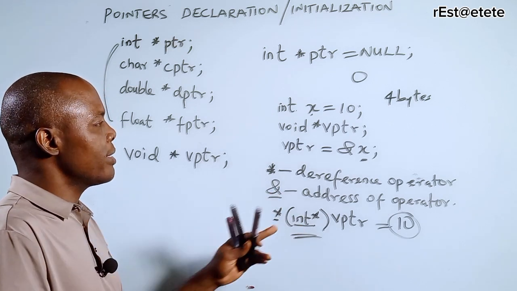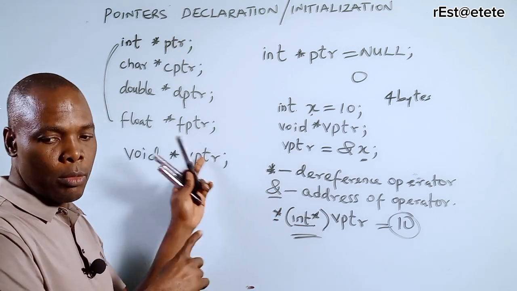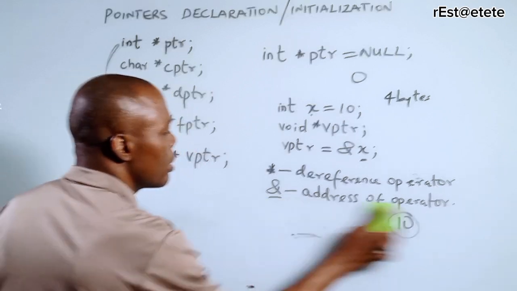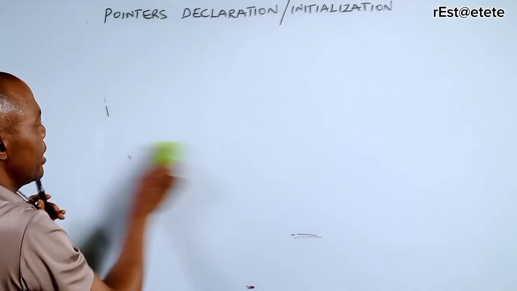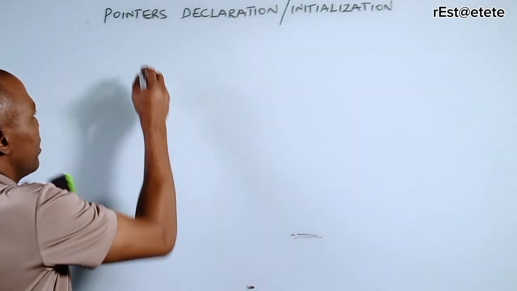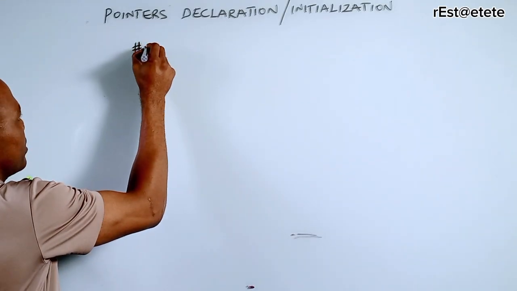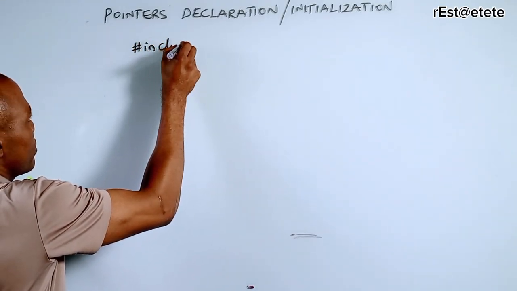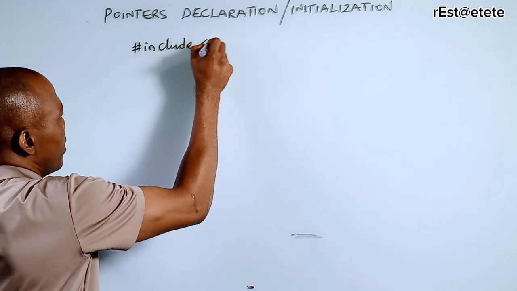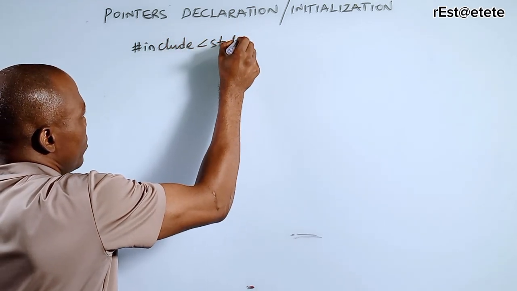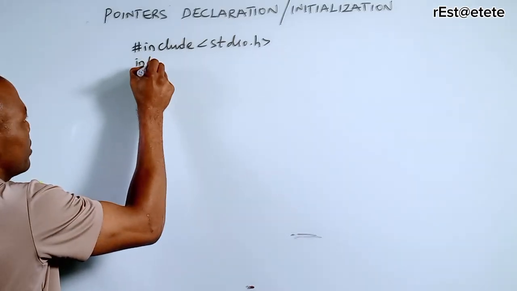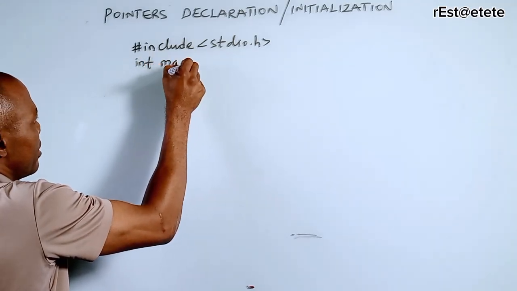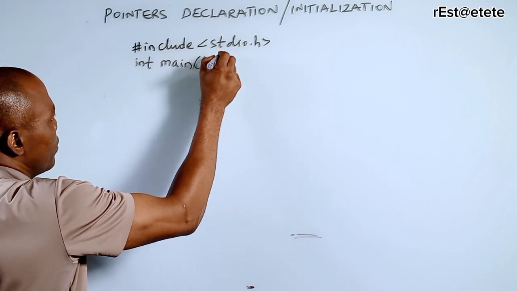Now, let's write a small program to demonstrate that. So I can just say #include <stdio.h>. Then I will say int main, my main function.